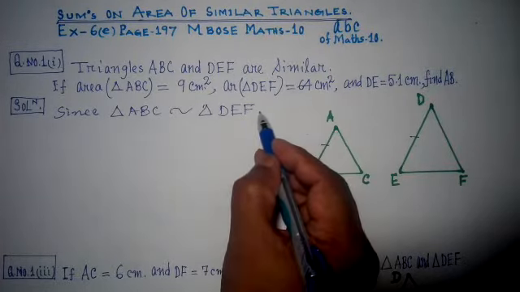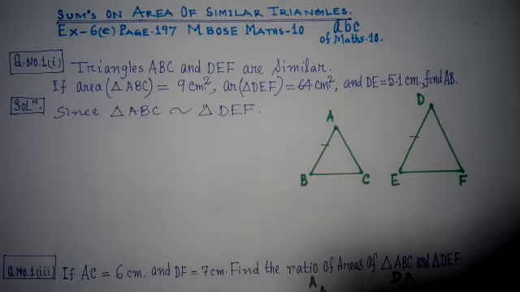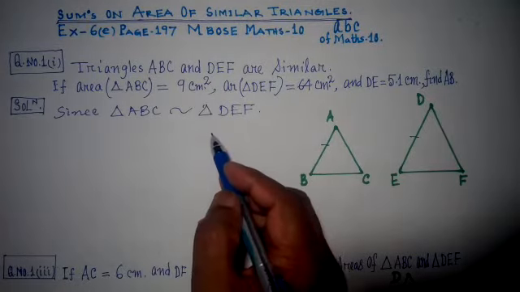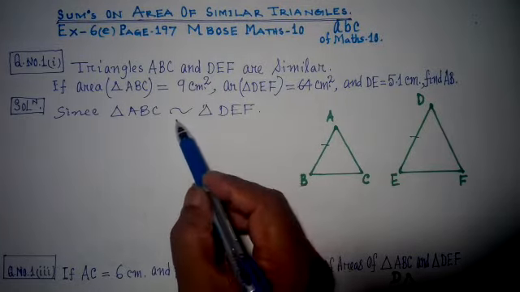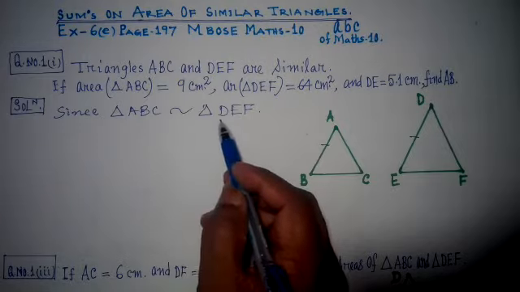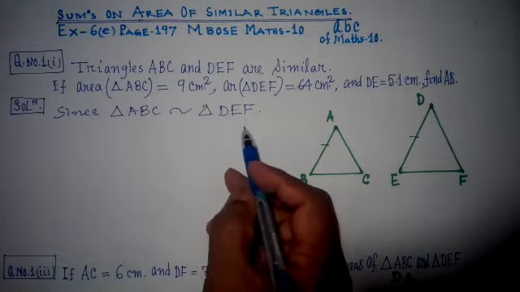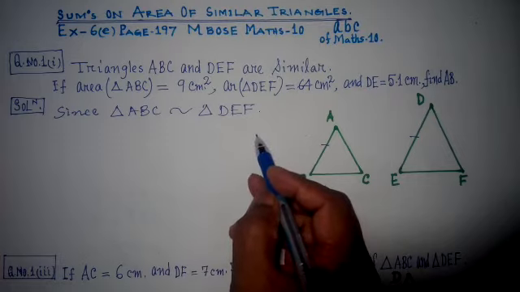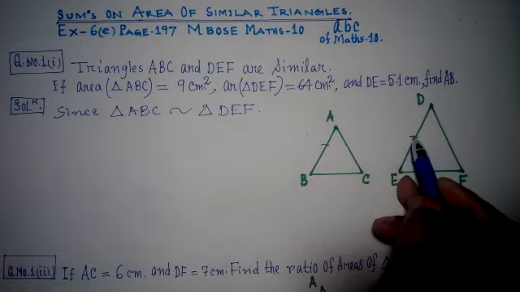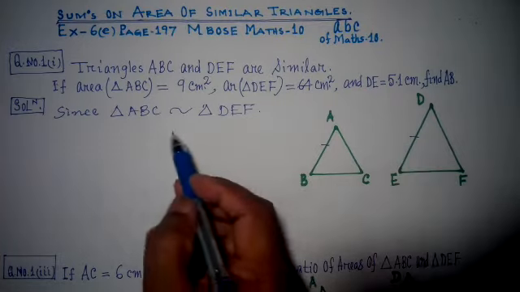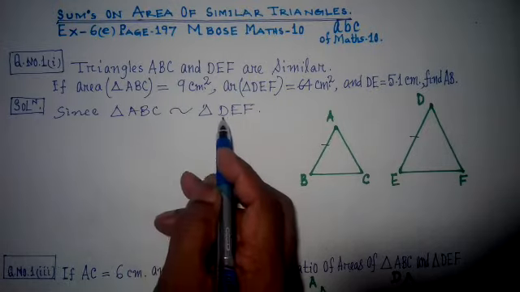Now we have learned theorem number 18: the ratio of the area of two similar triangles is equal to the square of the ratio of their corresponding sides.